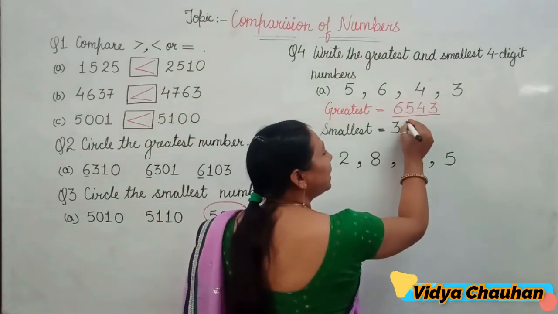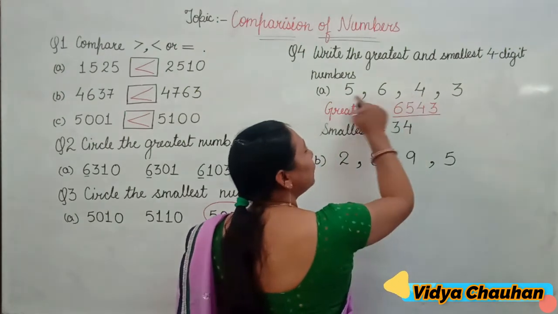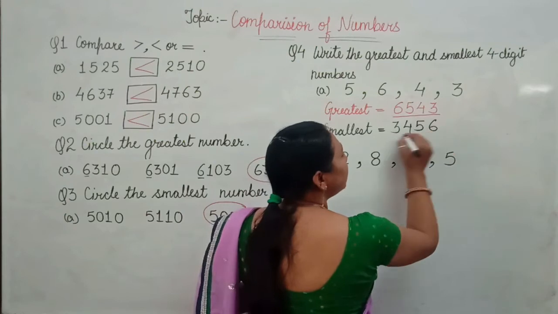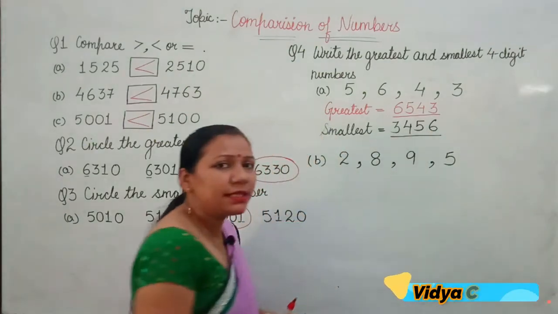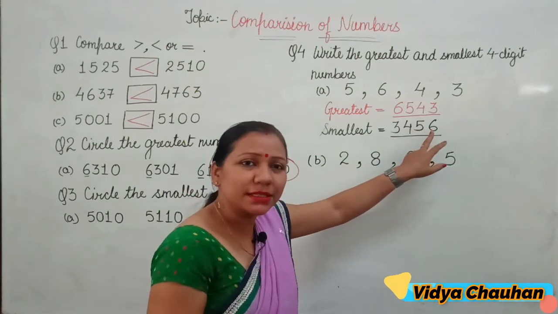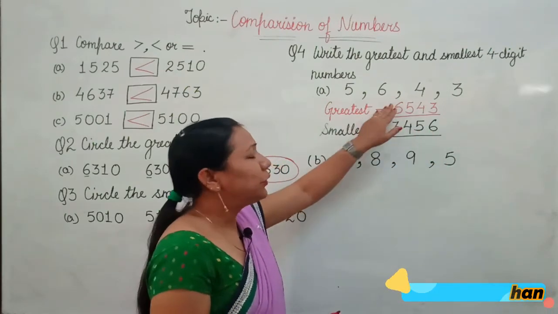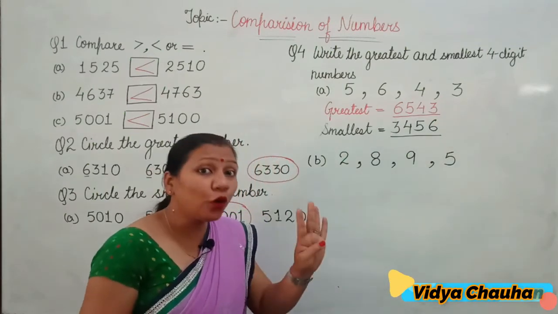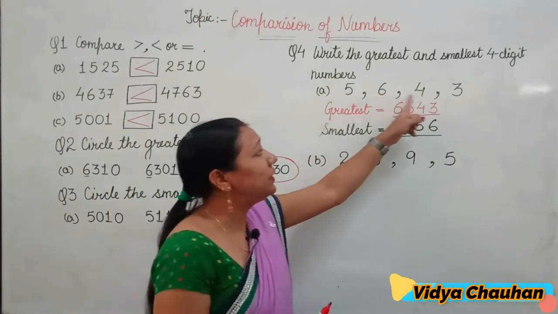After 3, the next bigger value is 4. After 4, the next bigger value given to us is 5 and the last is 6. So which is the smallest number? 3456. So you can see we have found the greatest and the smallest 4-digit number using the given digits.